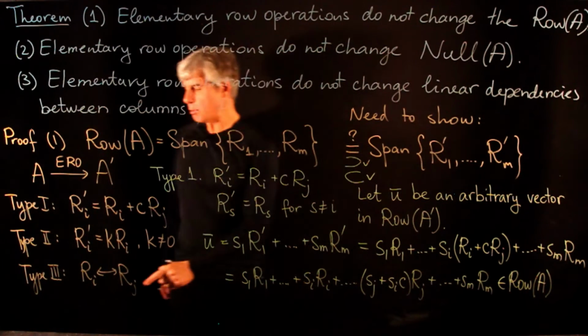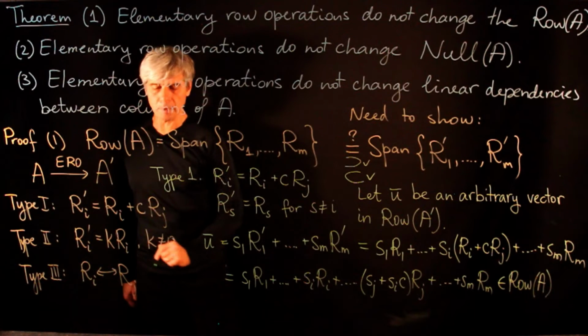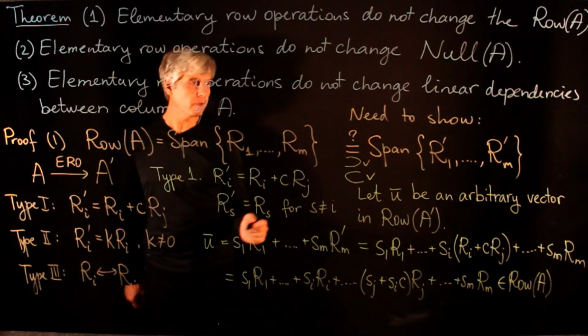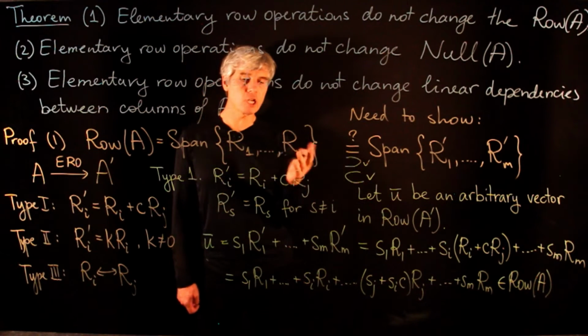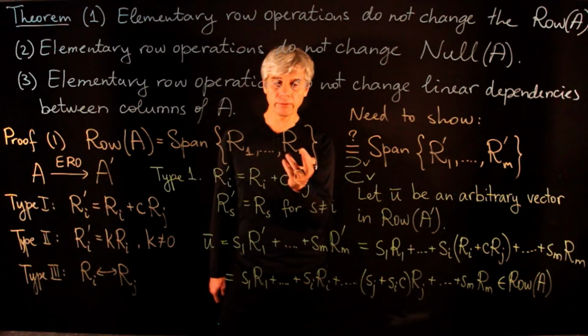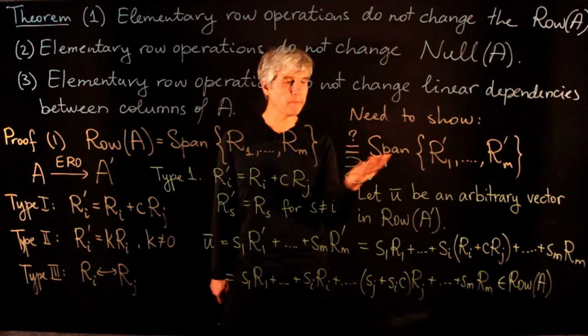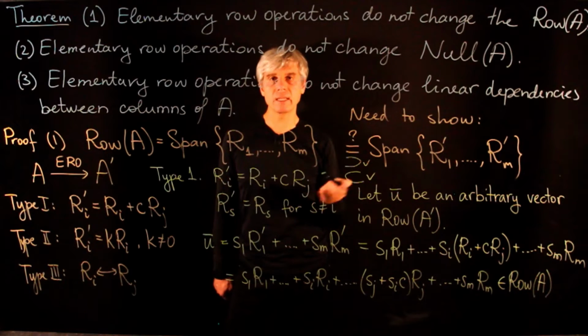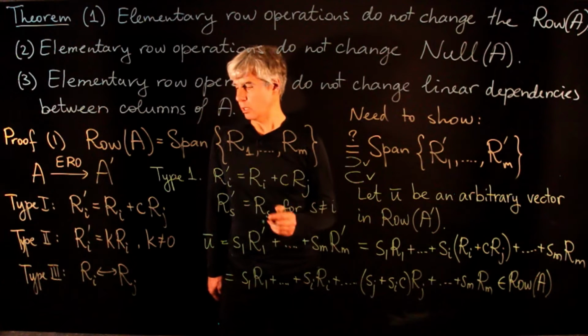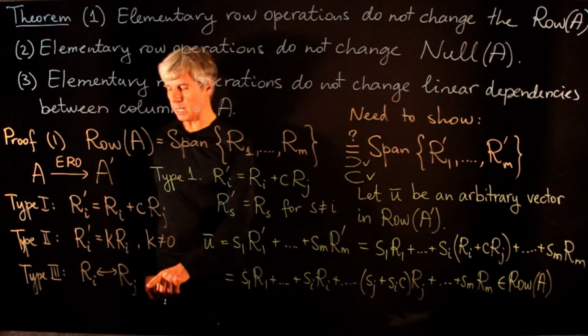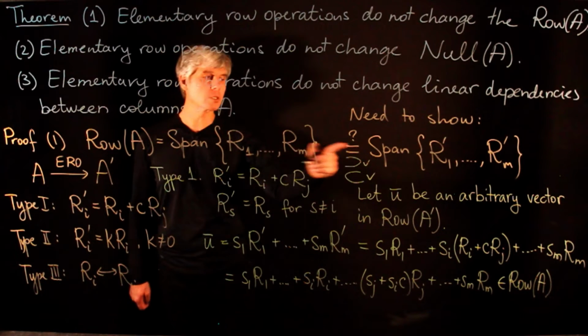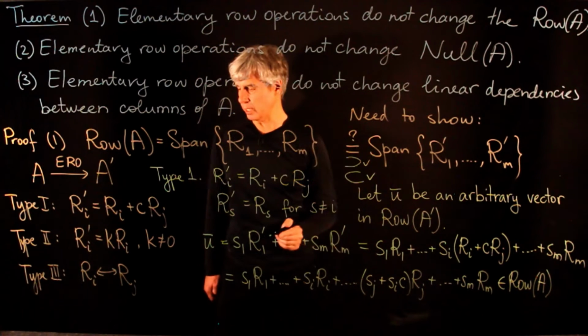Now, if we take a type 3 elementary row operation, that only interchanges the order of rows. And clearly, the span, the set of their linear combinations, will not change. So this means that for a type 3 elementary row operation, the equality of these two spans is obvious.